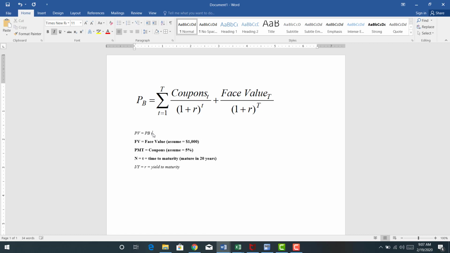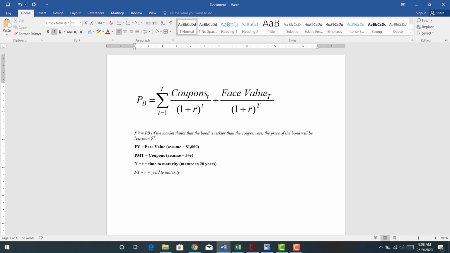So if the market thinks that the bond is riskier than the coupon rate, the price of the bond will be less than $1,000. This is said to be at a discount or priced at a discount.